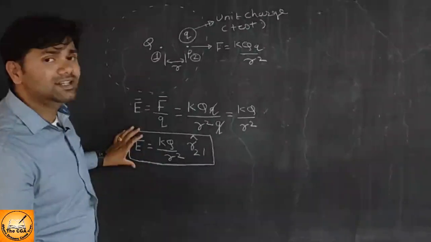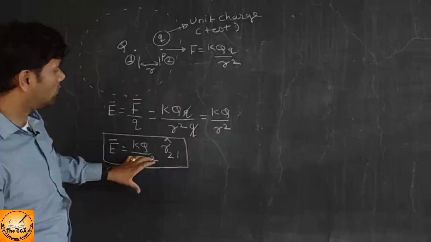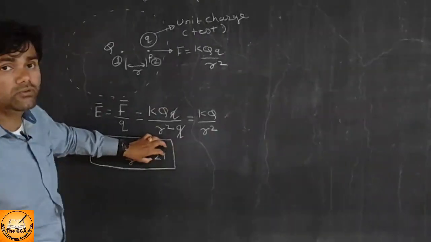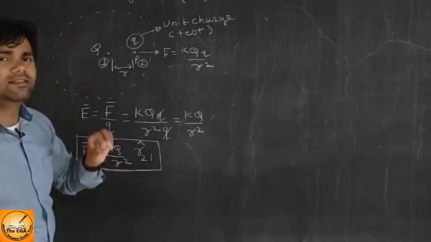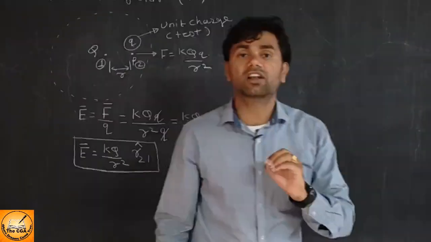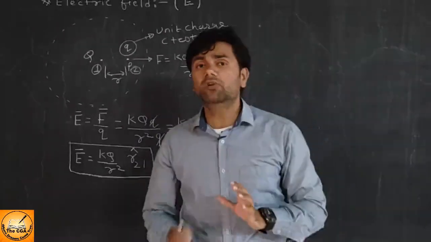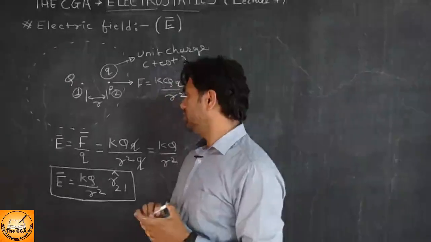So the electric field will be equal to kq by r square, and the direction will be going away from the positive charges, right? If you want to talk about the electric field direction, you have to remember it will always be going away from the positive charges.